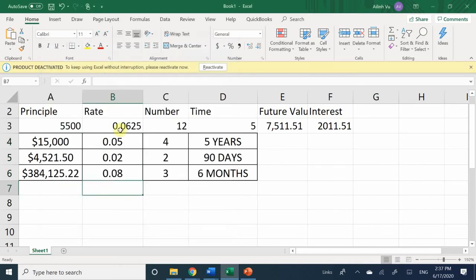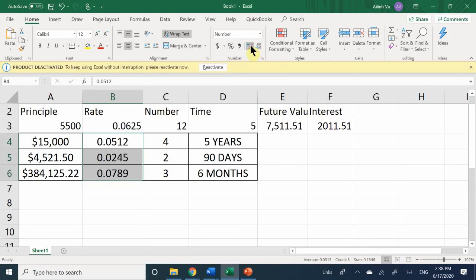Okay, so here, now I converted all my decimal points. Let's go ahead and review this. For example, number 1, my principal is going to be $15,000.